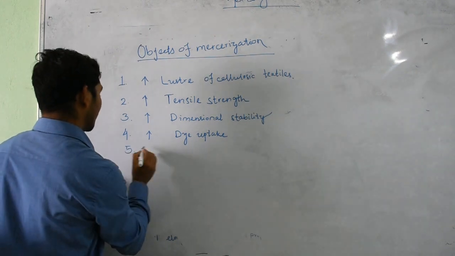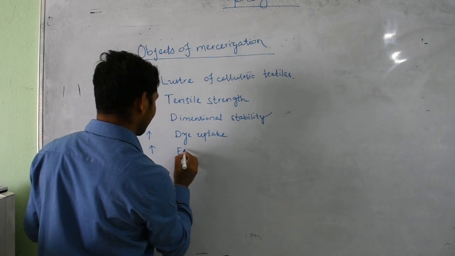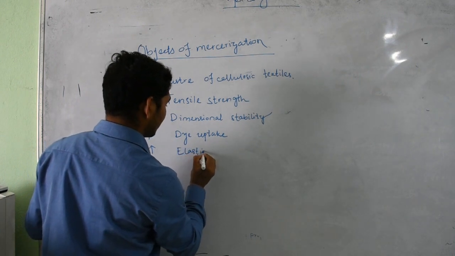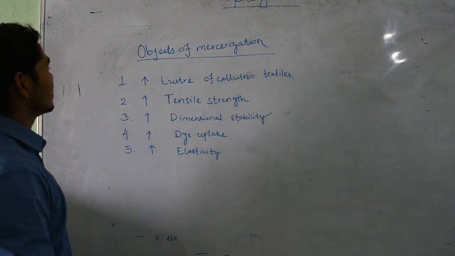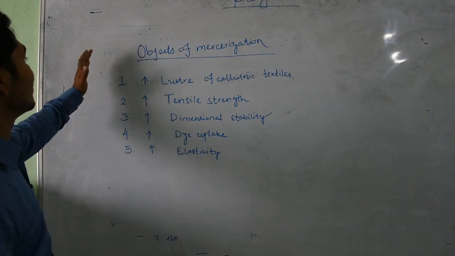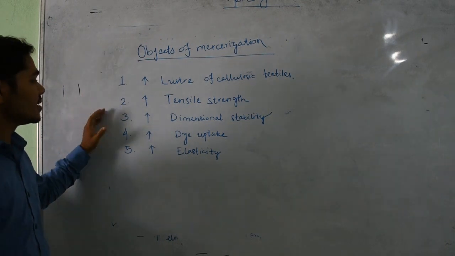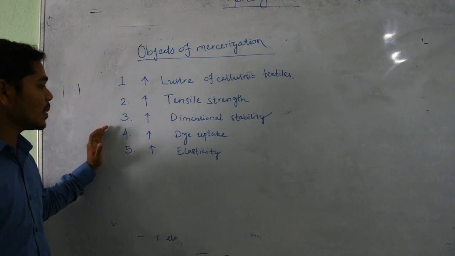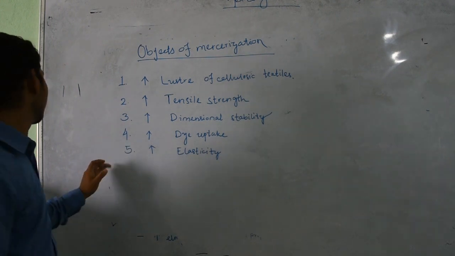And the fifth and final object is to improve the elasticity of the cellulosic textiles. So the main objects are increase in luster, increase in tensile strength, increase in dimensional stability, increase in dye uptake, and increase in elasticity.